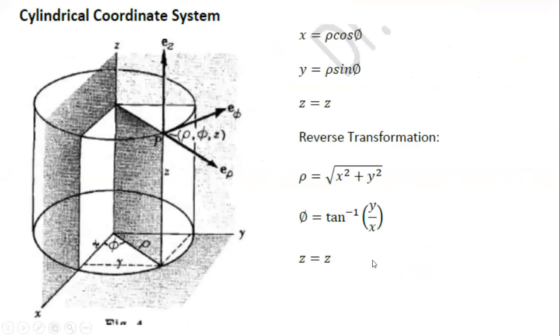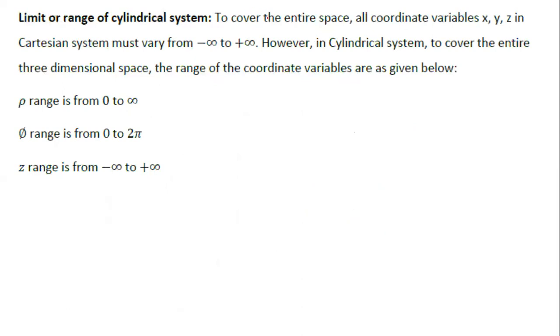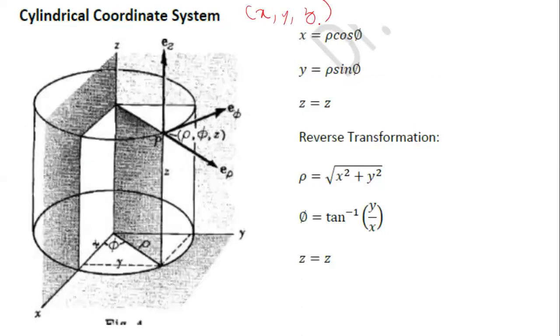Now let us see one orthogonal curvilinear coordinate system, which is cylindrical coordinate system. Here in cylindrical coordinate system, instead of using x, y, z as in the case of 3D Cartesian, we are going to use coordinate variables rho, phi, and z. So in cylindrical coordinate system, u1 will stand for rho, u2 will stand for phi, and u3 is z.